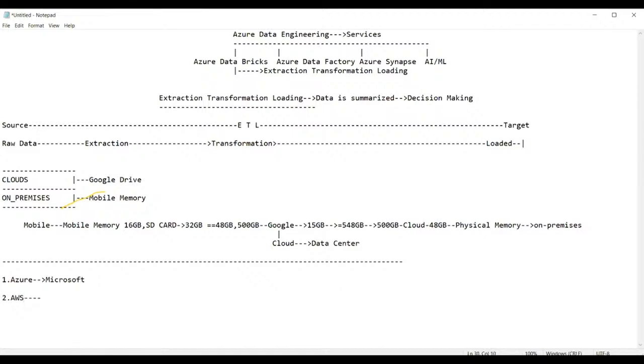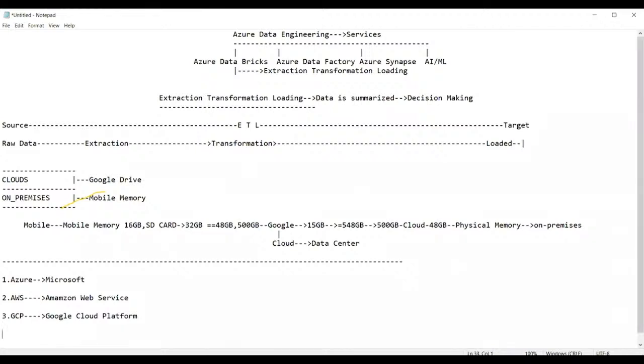AWS stands for Amazon Web Services. The third one is GCP, which stands for Google Cloud Platform.